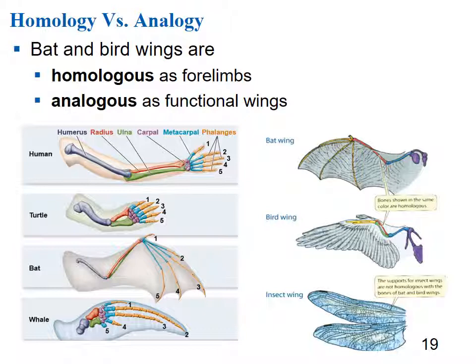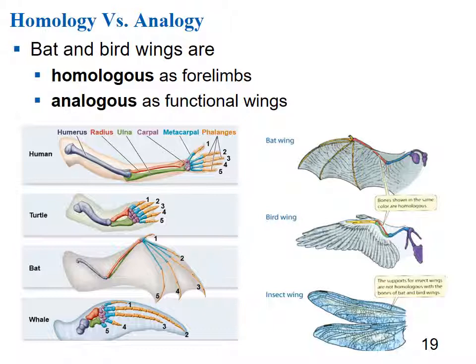So if we look at another example of homology versus analogy, bat and bird wings are homologous as forelimbs, because chordates share a common ancestor with forelimbs that have the same or similar bone structure. But as functional wings, they are analogous.